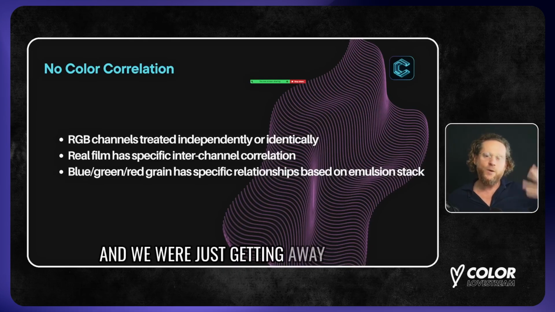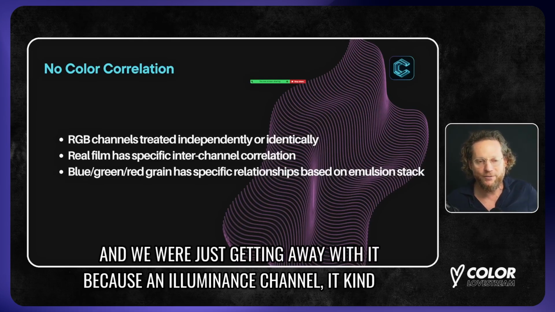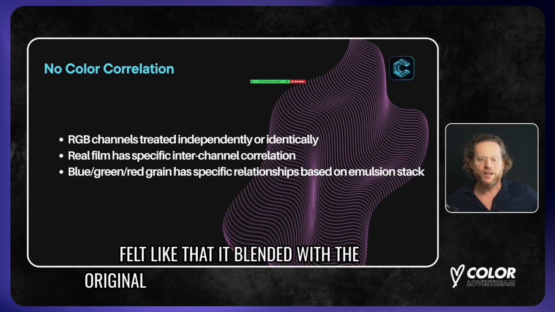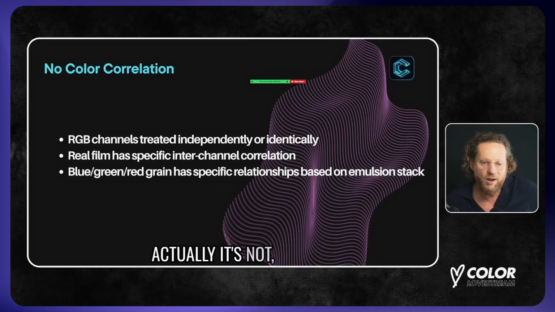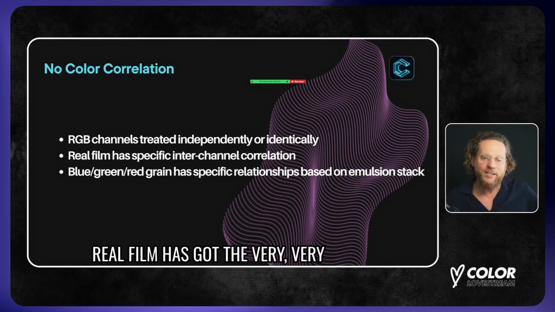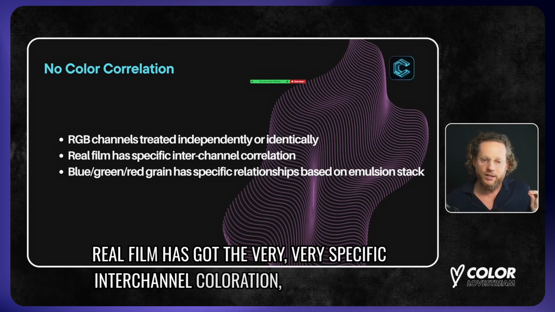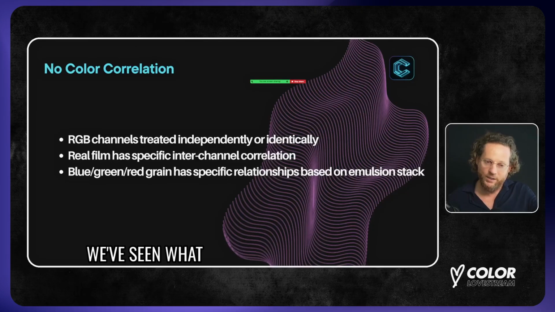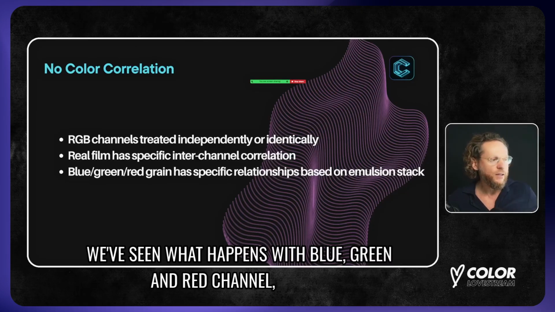We've been analyzing film emulation with no color in it. And we were just getting away with it because on a luminance channel, it kind of felt like it blended with the original color of an image, but actually it's not, right? Real film has a very, very specific interchannel coloration. We've seen what happens with the blue, green, and red channels, right?